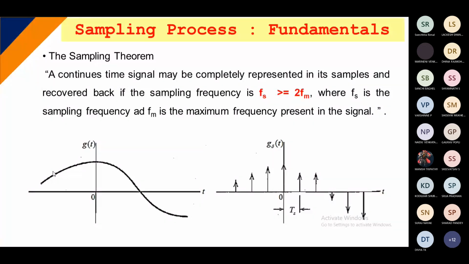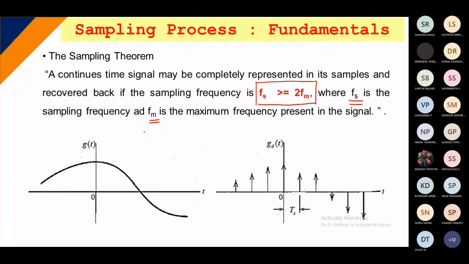A continuous time signal may be completely represented in its samples and recovered back if the sampling frequency, please make a note of this, fs is greater than or equal to twice fm, where fs is the sampling frequency and fm is the maximum frequency present in the signal.